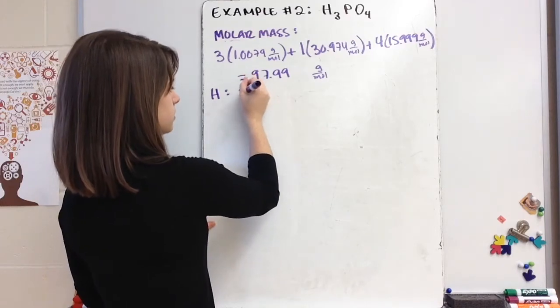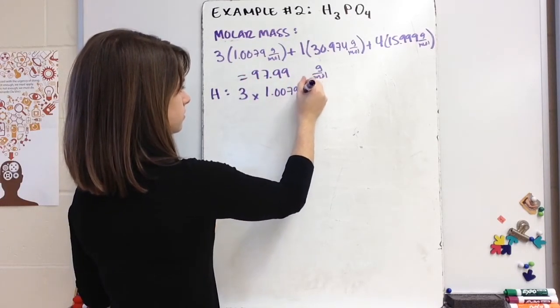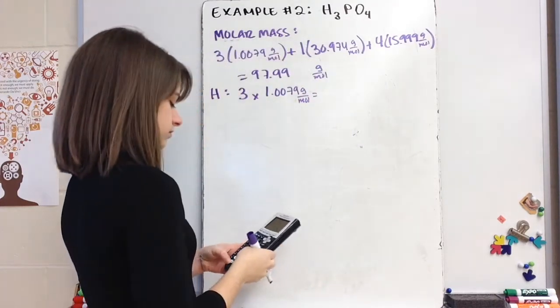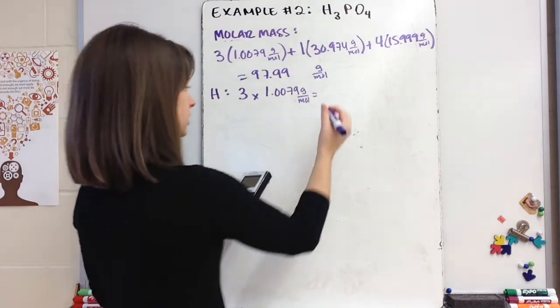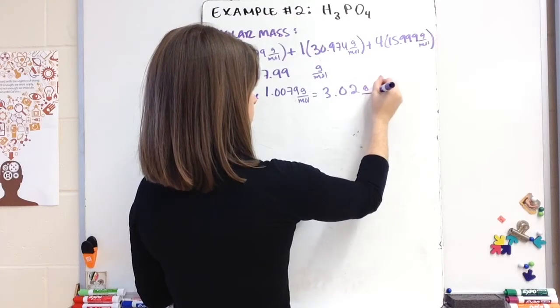So I have 3 hydrogens, each with a mass of 1.0079. So 3.02 grams per mole.